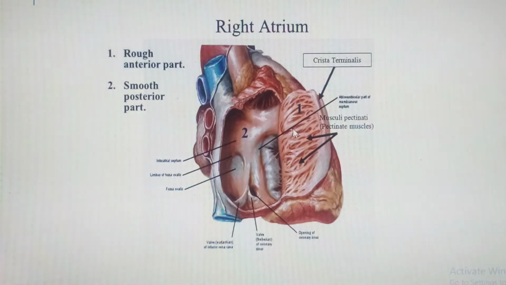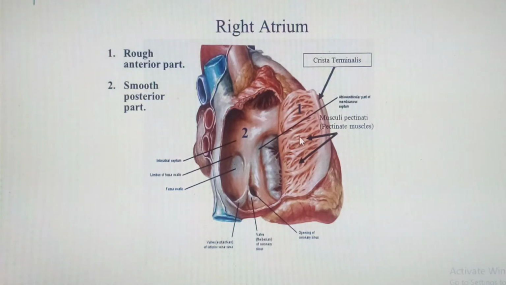I've told you that what we are going to use to differentiate this smooth part from this rough part is the terminal crest, or the Crista Terminalis. Now, we are calling it the atrium proper because embryologically this is actually the primitive atrium, the atrium that was used in fetal life.